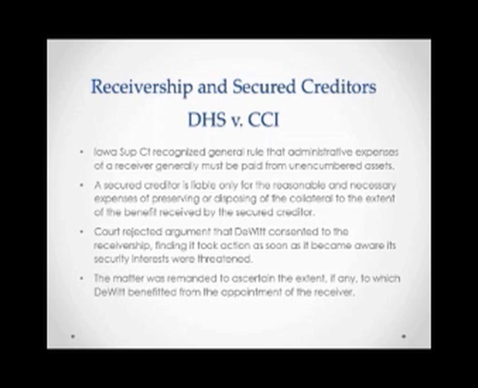A secured creditor is really liable only for reasonable and necessary expenses of preserving or disposing of the collateral to the extent of a benefit that's received by that creditor. So if there isn't a showing of a benefit to DeWitt Bank, and DeWitt Bank was arguing there wasn't, they couldn't have their collateral compromised.